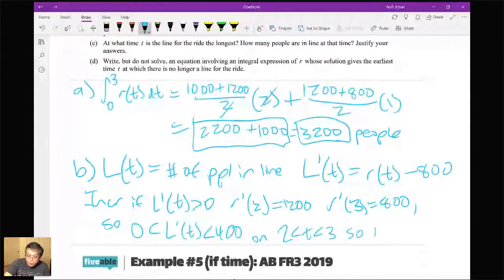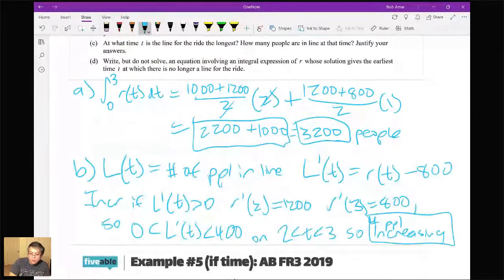So the number of people must be increasing. I think that's the pretty clean way of saying it.